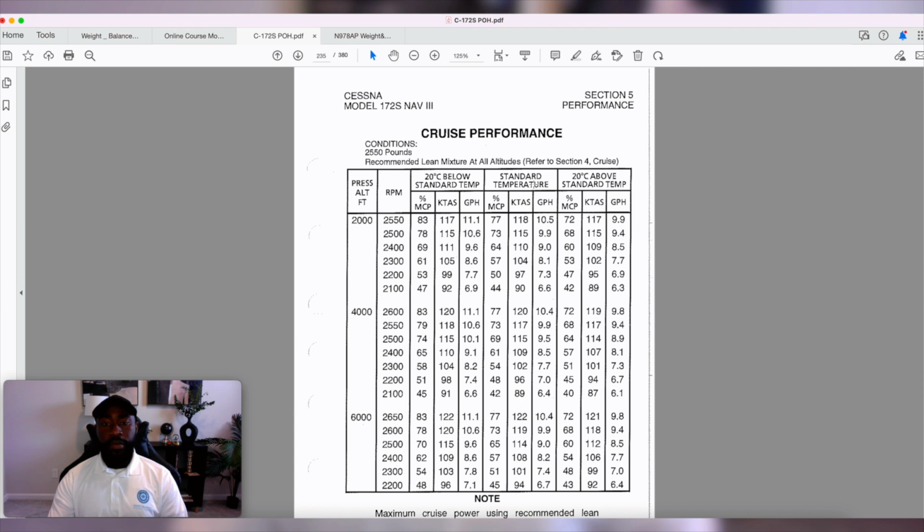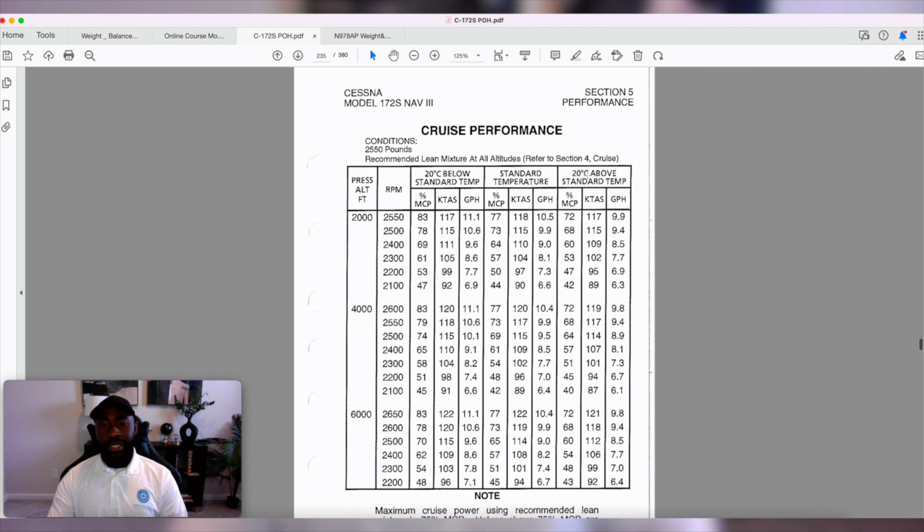I have a standard atmosphere here and I have 20 degrees above standard. The number I got for ISA is plus 12. Plus 12 is not exactly 20 degrees above, it's just 12 degrees above. Just stay with me here. Because I'm 12 degrees above, I'm not exactly at 20 degrees above. If I was exactly at 20 degrees above, or at least closer to 20, like 18 or 19 or even 17, I'd probably use this section here.